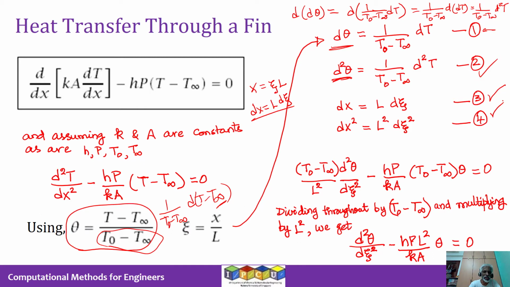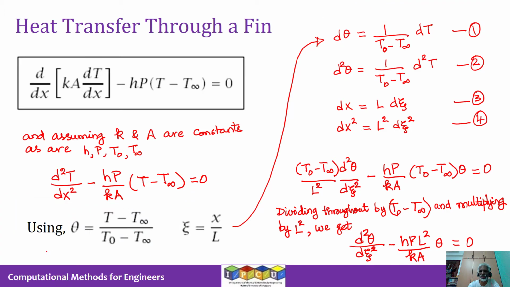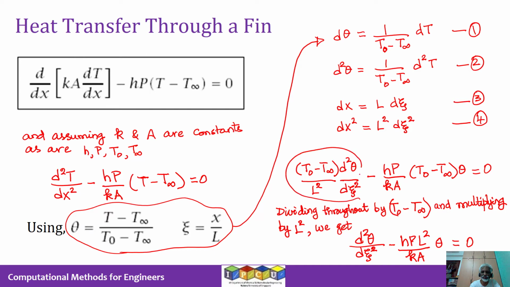Now, if you accept equations 1, 2, 3, and 4 based on our definitions of the dimensionless parameters, I can replace d2t by dx squared with this, because d2t is going to be t naught minus t infinity d2 theta. Dx squared is going to be L squared d psi squared.